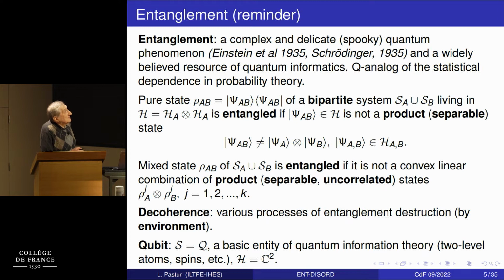So we say that a system is unentangled if its state is a product, and entangled if it is not a product, if the state is pure. If the state is not pure, you have to assume that it is not a sum of these products. And again, the qubit is the simplest possible quantum system.